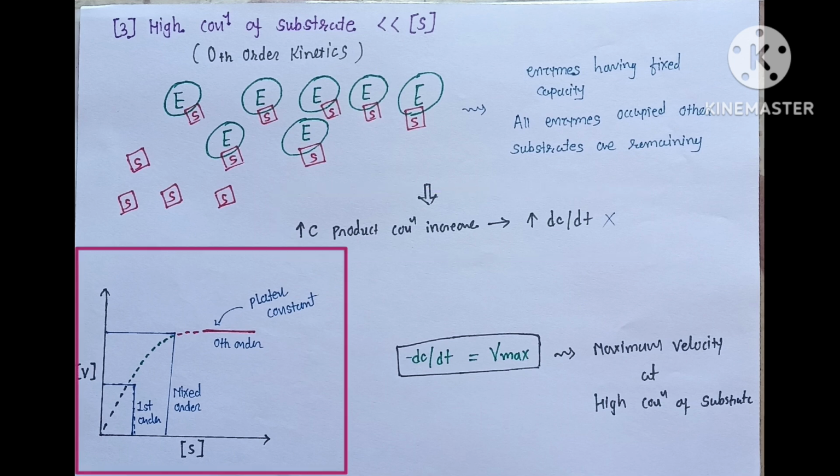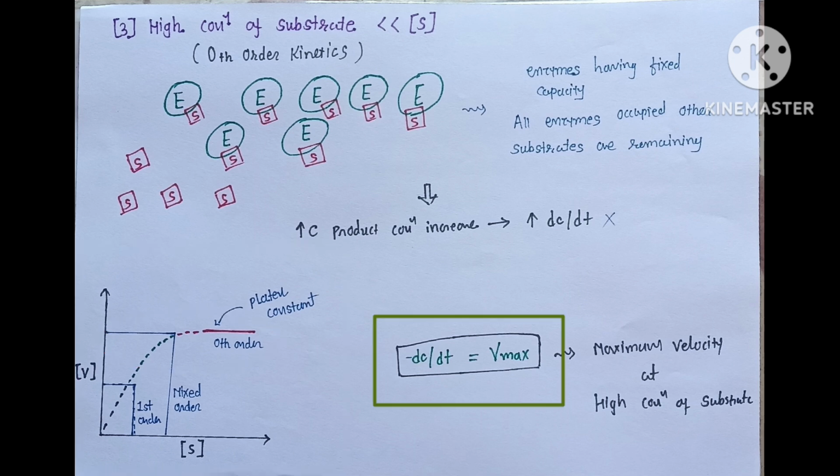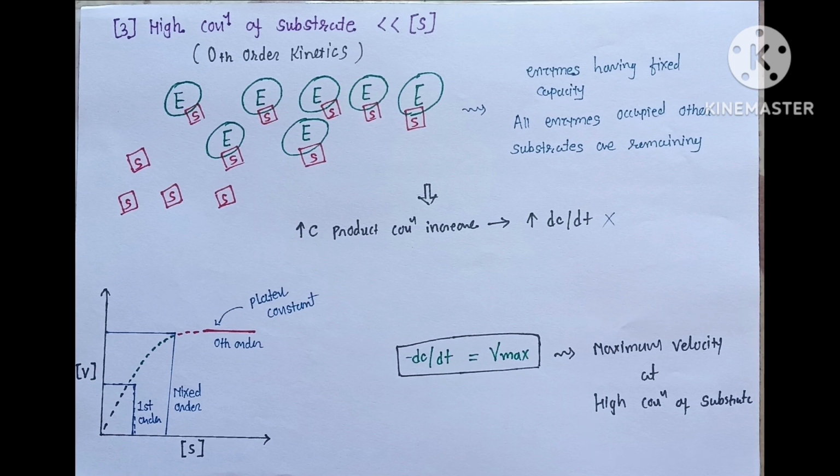When we plot a graph between V versus S concentration, we get this type of linearity that is known as a plateau, and we have a constant velocity. So minus dC/dt here we define as the maximum velocity. So minus dC/dt is equal to Vmax, maximum velocity.